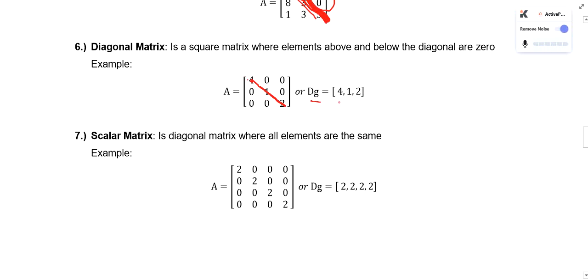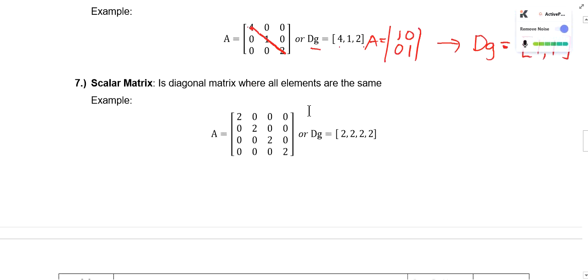Meaning, this will be our diagonal, it is 3 by 3, and all the upper elements and lower elements are 0. So if we have the matrix 1, 0, 0, 1, that is also equal to the diagonal of 1, 1. When we say diagonal of 1, 1, we have a modified matrix where the elements above and below the diagonal are 0.